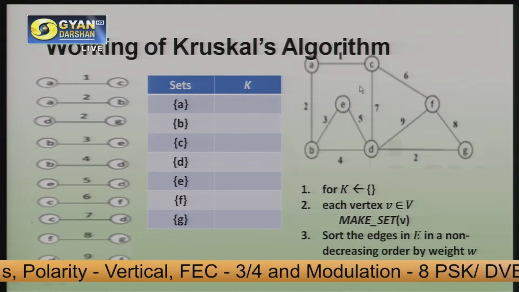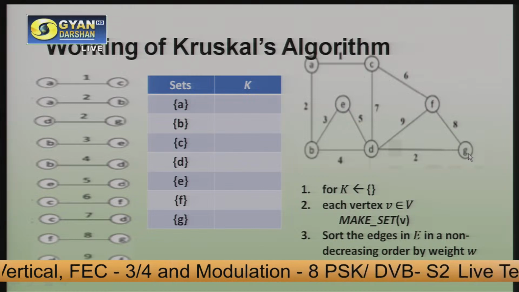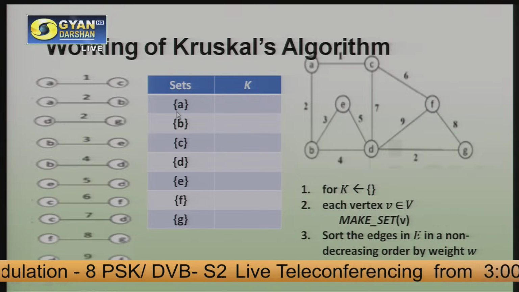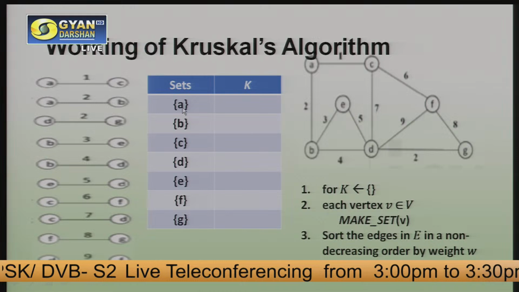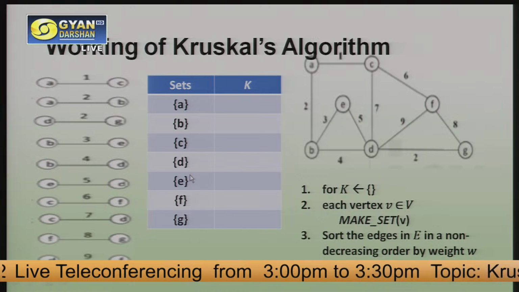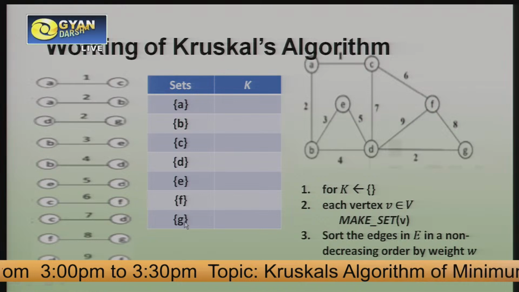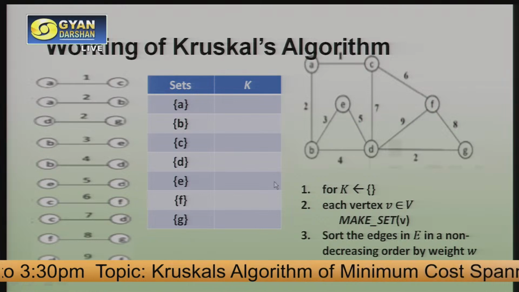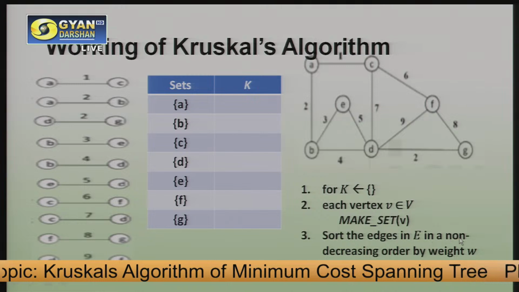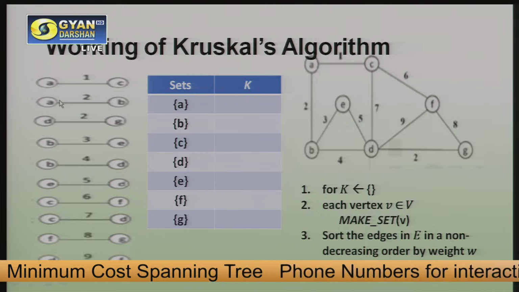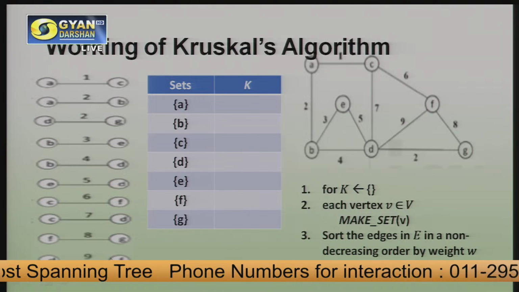Then each vertex V that is a member of the vertex set, that means A, B, C, D, all these vertices till G, make set V. So we made the sets. Now the sets of vertices are A, B, C, and so on. So we have 7 sets, each consisting of one vertex. The next step is to sort the edges in E in non-decreasing order by weight W. So we have sorted these edges.